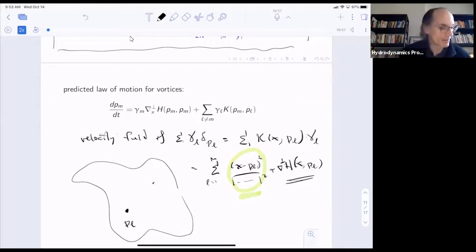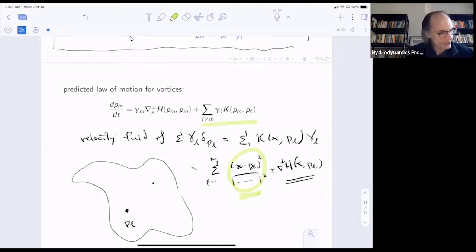And so what we do here is we predict that the law of motion is this. At the mth vortex, I look at the velocity fields, taking into account the boundary conditions, generated by all the other vortices.